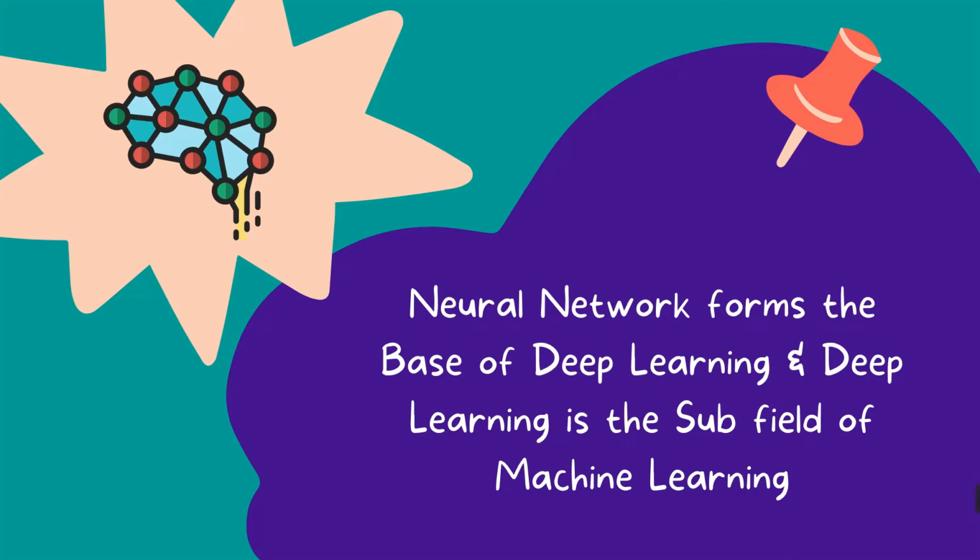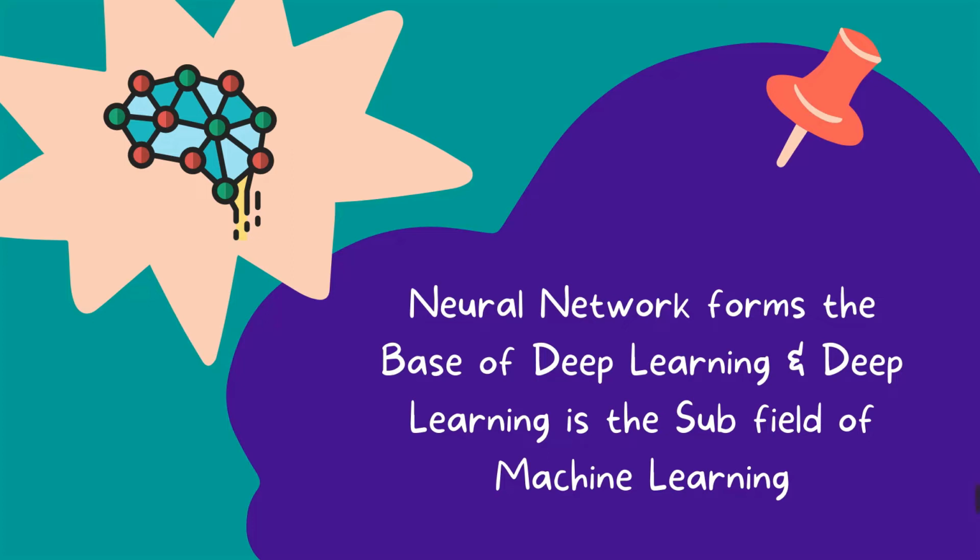So first, let's get to know how this neural network was formed. That's the main thing. Neural network is formed on the basis of deep learning, and deep learning is a subfield of machine learning. If you watched the deep learning videos, part 1 and part 2, I explained a little bit about machine learning and deep learning.